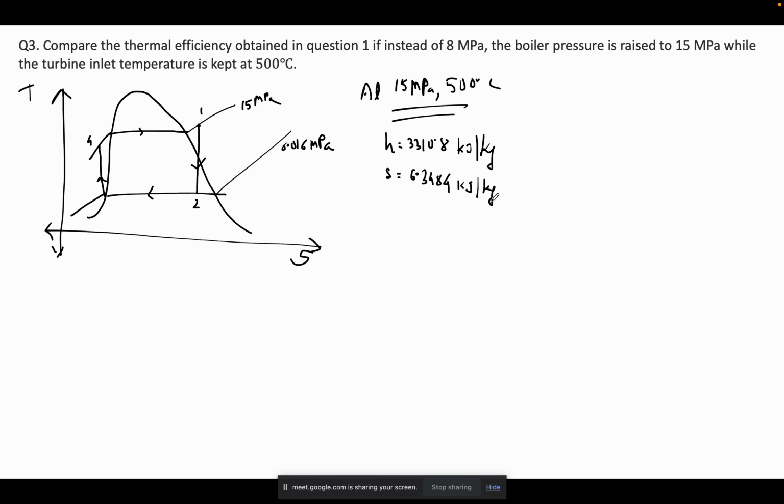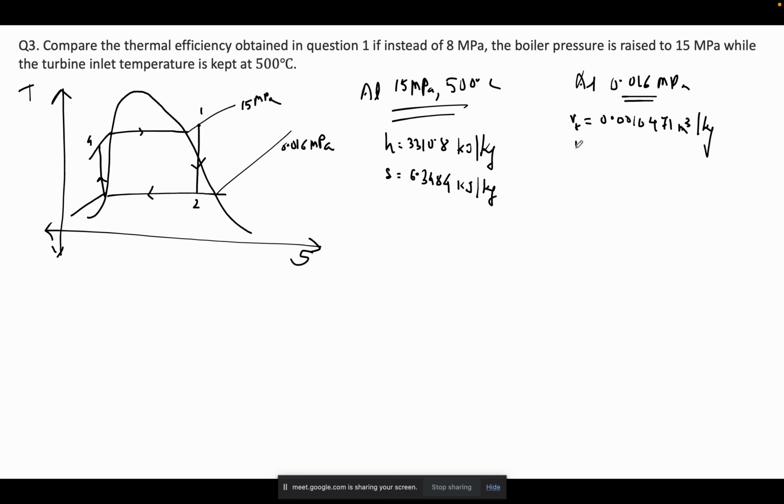Okay, so again the other pressure is the same, so I will not put it because I already have these values at 0.016 megapascal. I already have the VF value, that is 0.0010471 meter cube per kg.